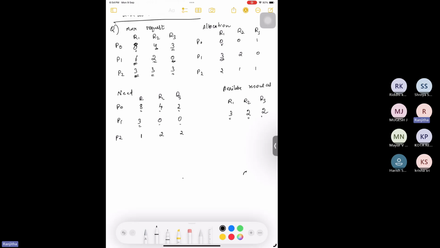Okay, now let's assume that we have scheduled P1. So this 3 is given to P1. So the available will become 0. Now once P1 completes its execution, whatever is there with P1 will be released, right?